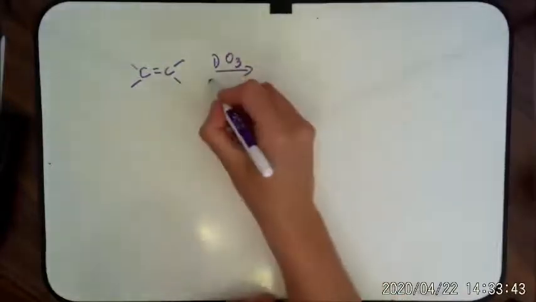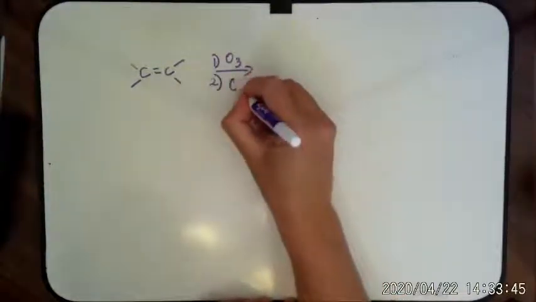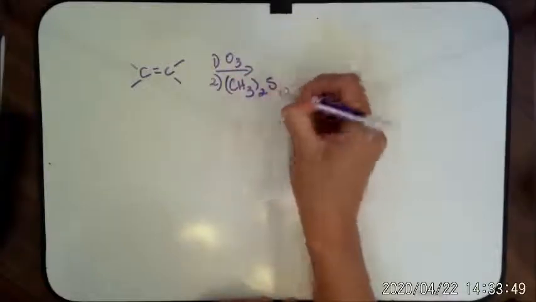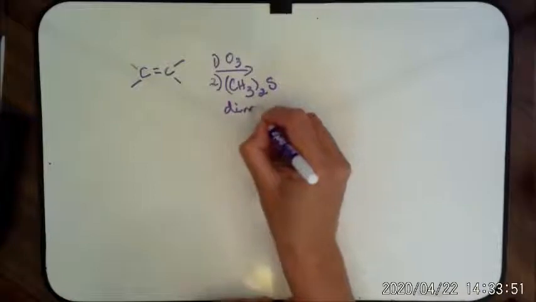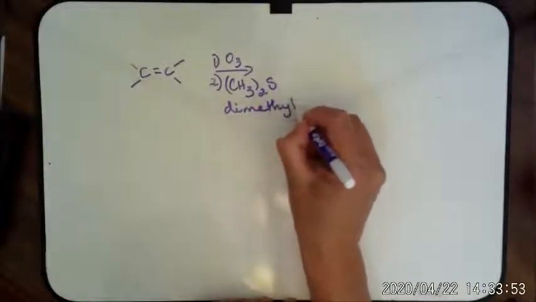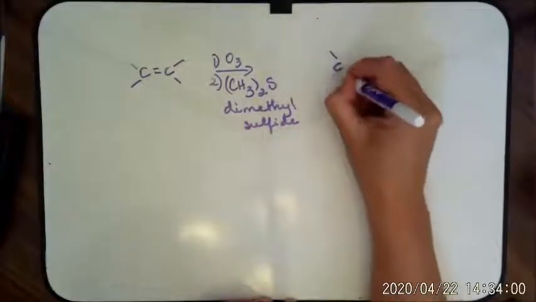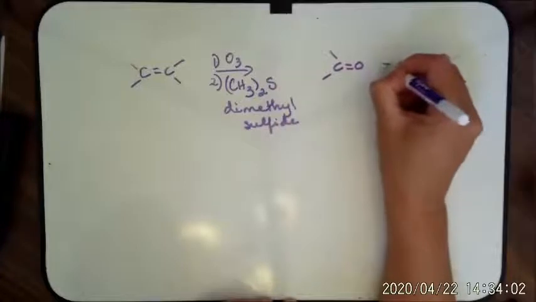After you do that, the second step, we use dimethyl sulfide. And the reason we use dimethyl sulfide is that it's a reducing agent. So what you get is cleavage of my alkene.